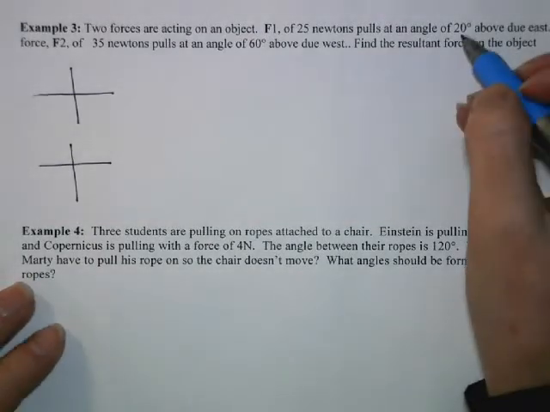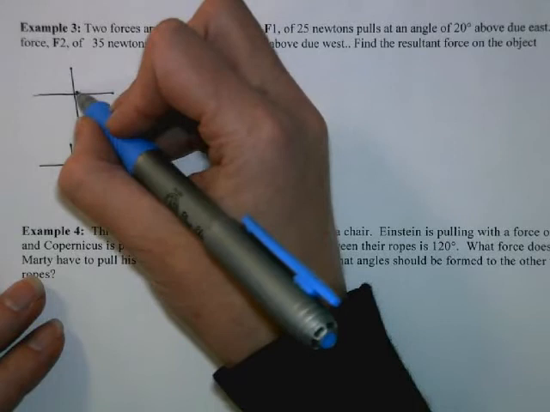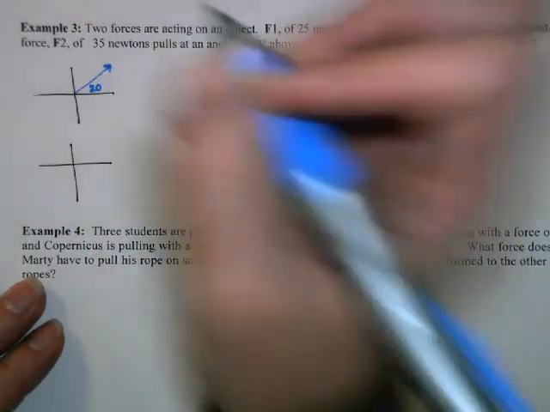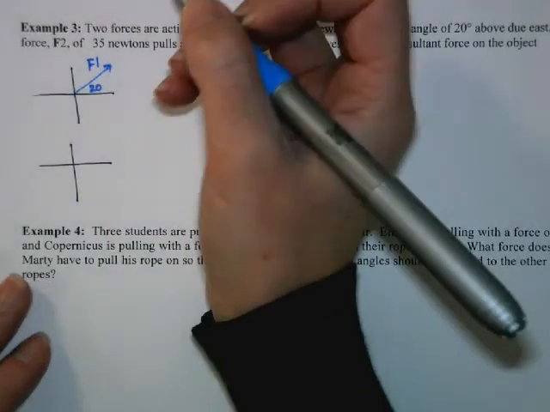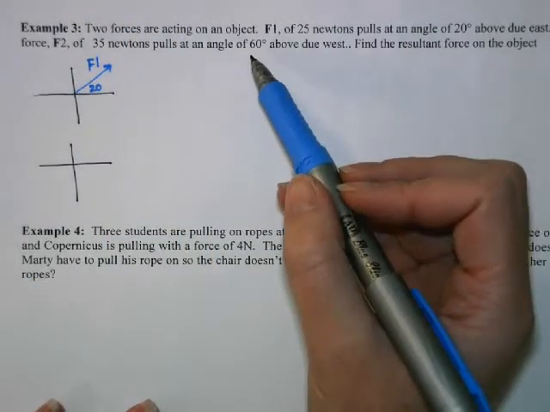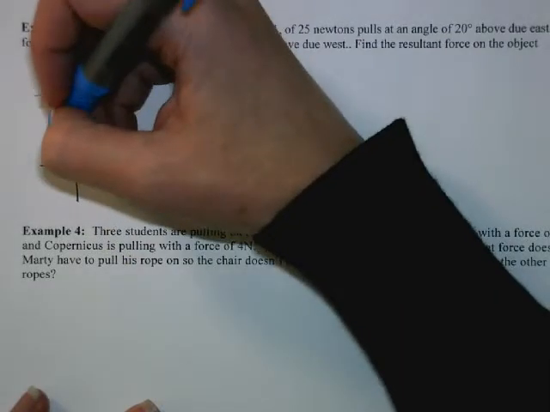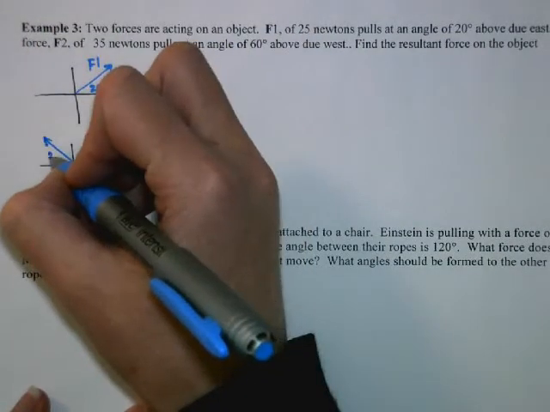Okay, so 20 degrees above due east. So that's going to be my first force. And then this next one, 35 above due west.